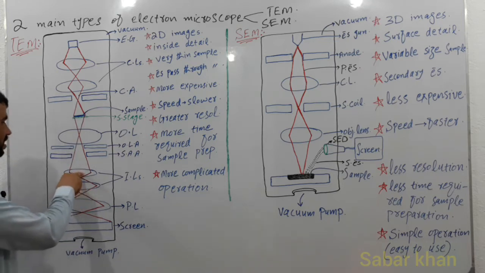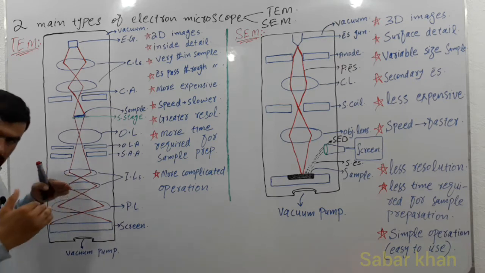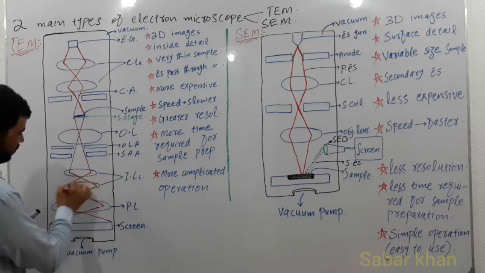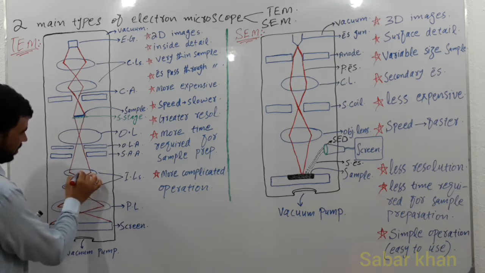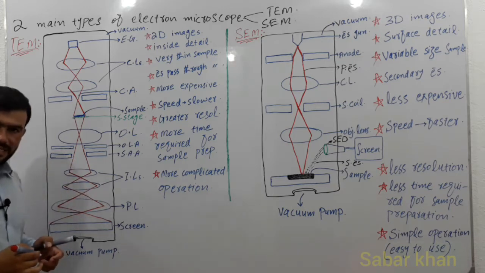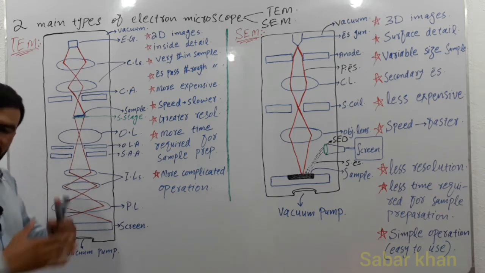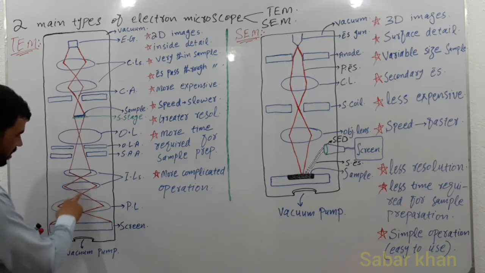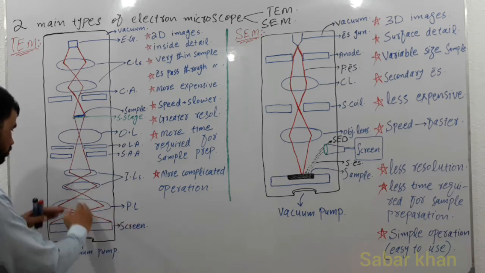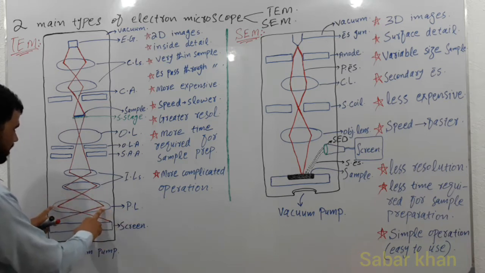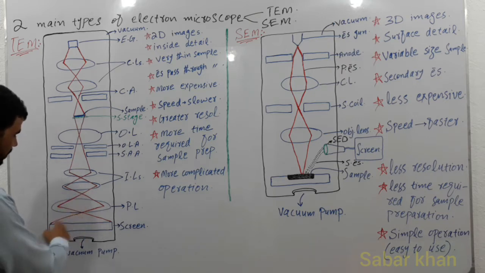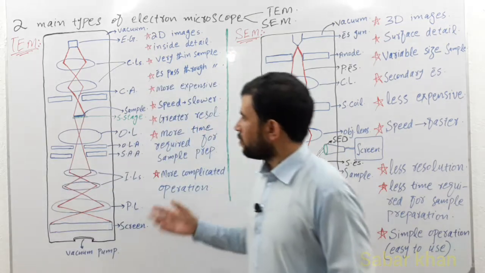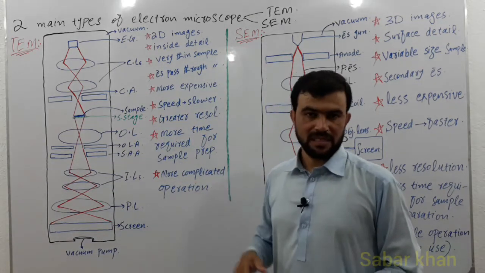1. This intermediate lens 1 magnifies the image to some extent, and when the image passes from intermediate lens 1 towards intermediate lens 2, this intermediate lens 2 further magnifies the image, and after that it comes towards the projector lens, so the projector lens further magnifies the image, and after that the fluorescent screen is present, in which we can see the formed and magnified image of the sample.